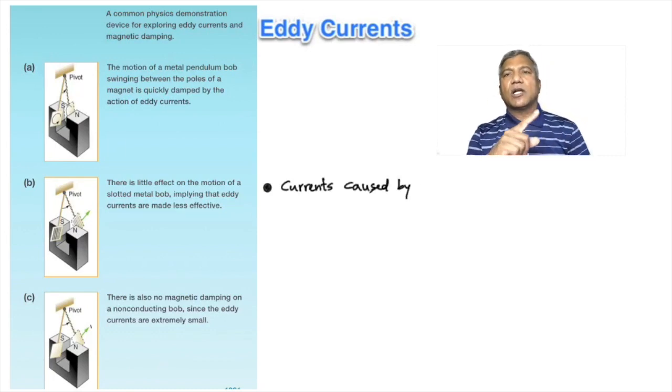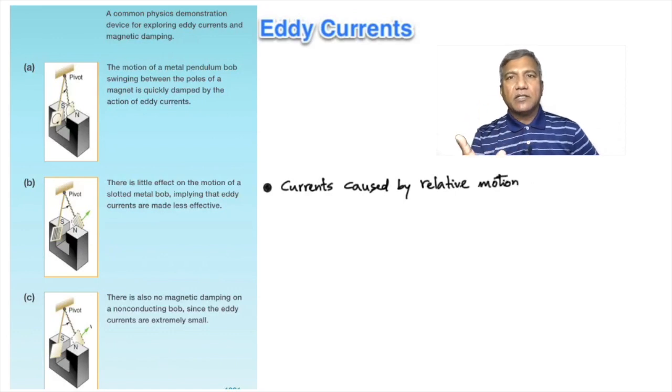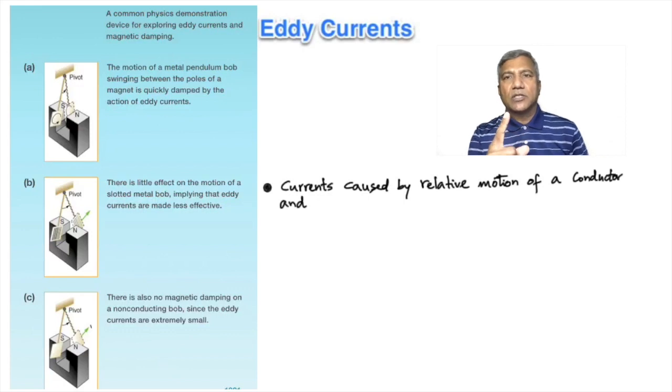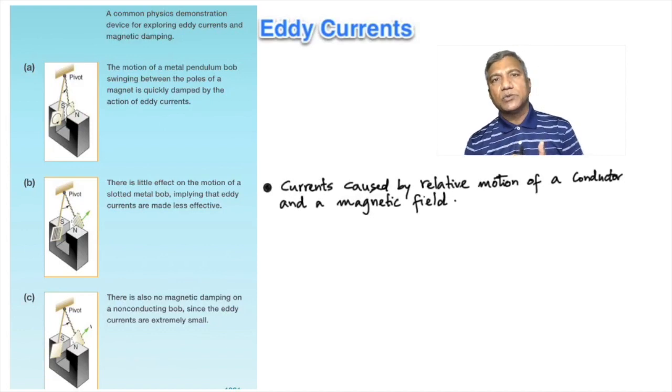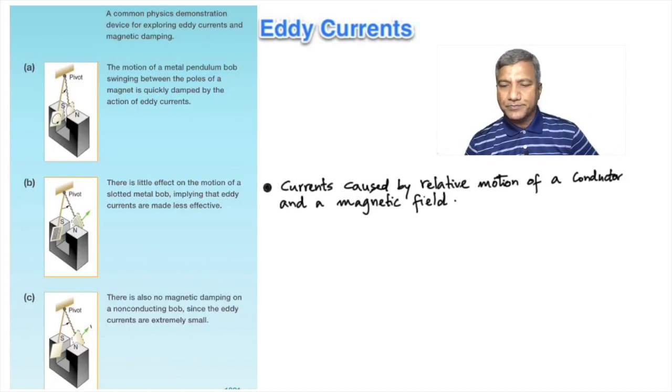Whenever you do not want the pointer in an instrument to keep oscillating, because we need to read the current or the voltage, we use electromagnetic damping. Electromagnetic damping can also be used in braking systems to a great effect. And so electromagnetic damping has many applications.